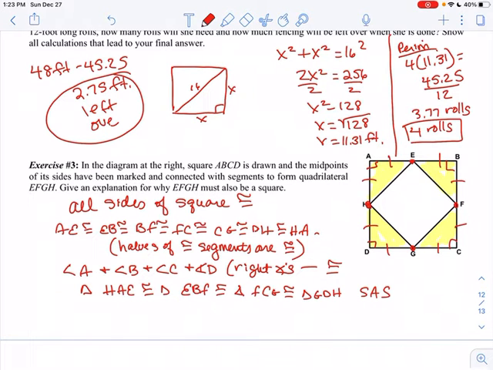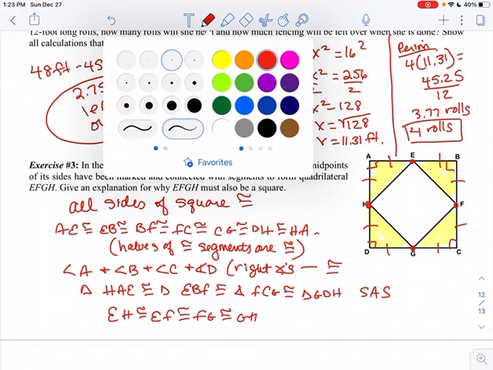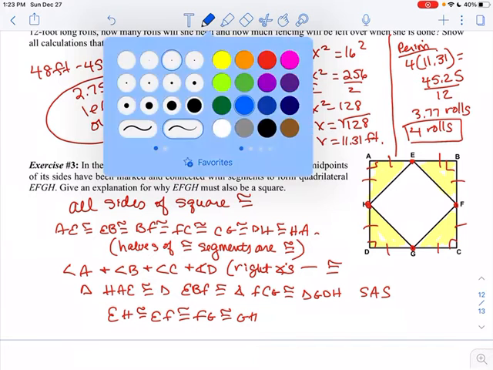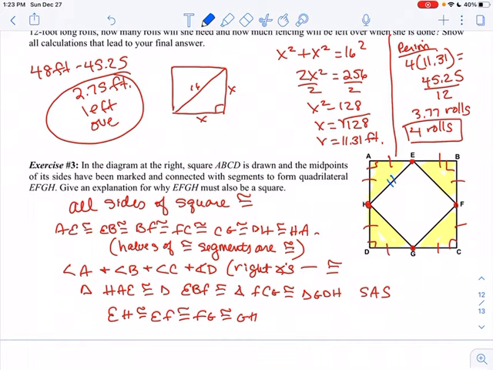And therefore, EH is congruent to EF, is congruent to FG, is congruent to GH. Let me do these all in a different color. These guys are now congruent to each other by CPCTC, right?